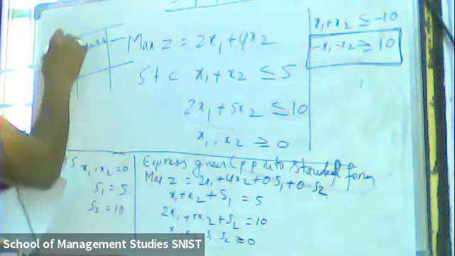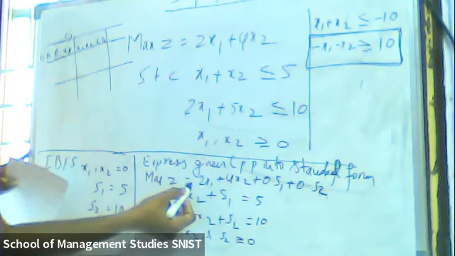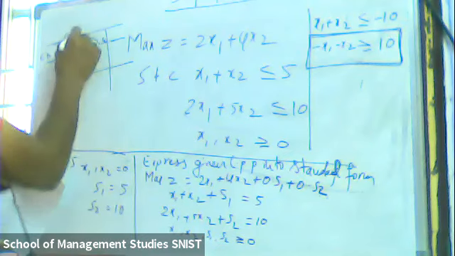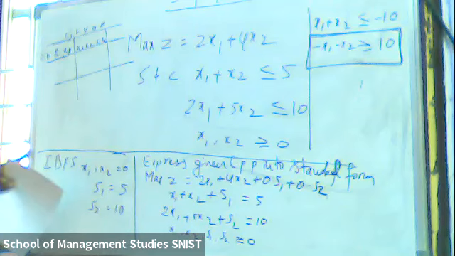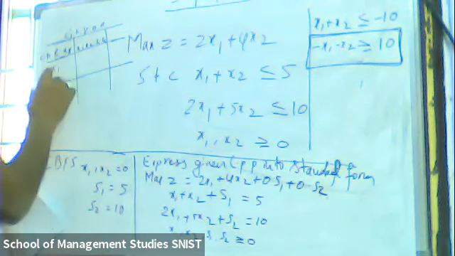Fine. So Cj means the coefficients of the variables in the objective function. X1 coefficient in the objective function is 2, 4, 0, 0. So in the initial basic feasible solution, we'll write here S1 and S2.